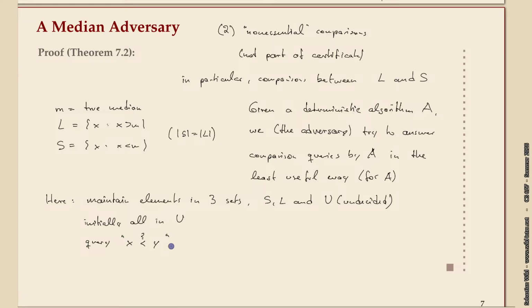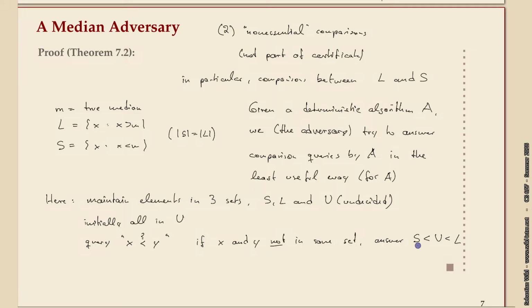Now we check if x and y are not in the same sets. Then we answer according to the rule: the small elements are all smaller than the undecided ones, and these are all smaller than the large ones. Okay, that decides the comparison, and that's all we do.